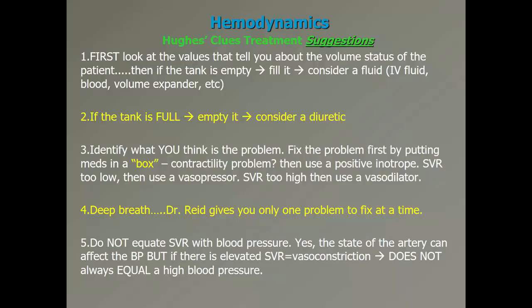So the rule is that if the tank or vascular space is empty, then you should fill it with IV fluids or blood or some kind of volume expander, such as albumin. If the tank is full, however, you want to empty it, so consider a diuretic. There are different types of diuretics, but mostly in this course we use Lasix.